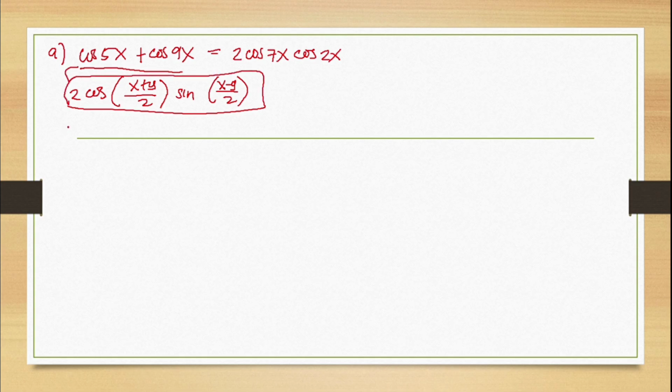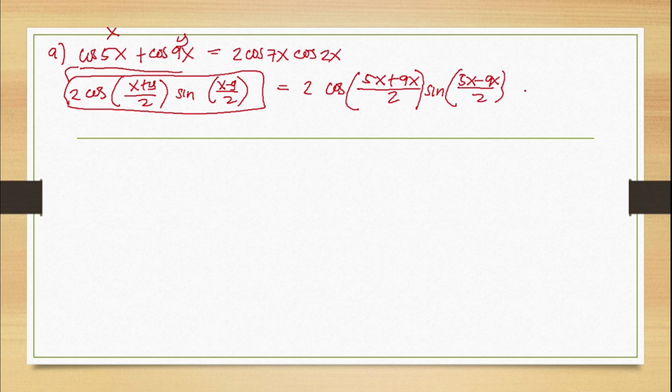So therefore, if we equate this, we have 2, our x here and this is our y. So 2 cosine of (5x plus 9x) over 2, cosine of (5x minus 9x) over 2, is equal to 2 cosine 7x cos 2x.